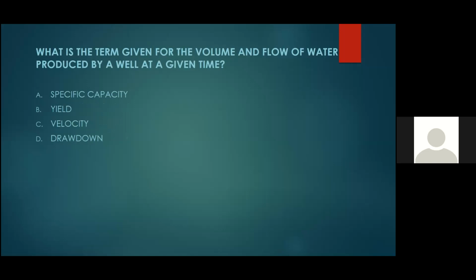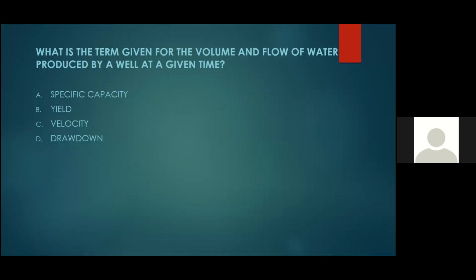What is the term given for the volume and flow of water produced by a well at a given time? This is a kind of a tricky one. Volume and flow of water produced by a well at a given time. Awesome. I see lots of B's there. So it is B, right? It's the yield.